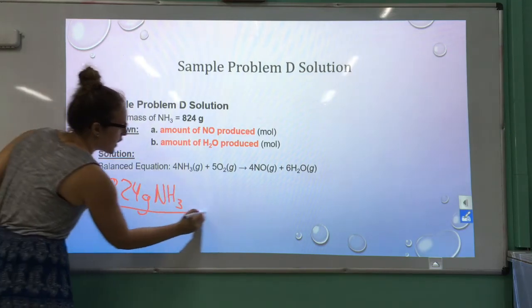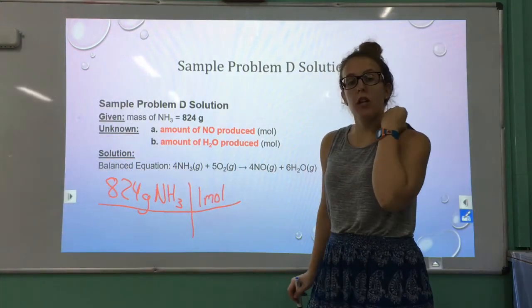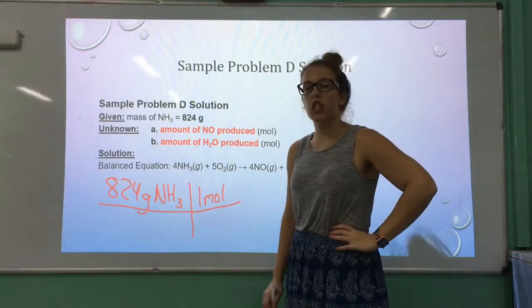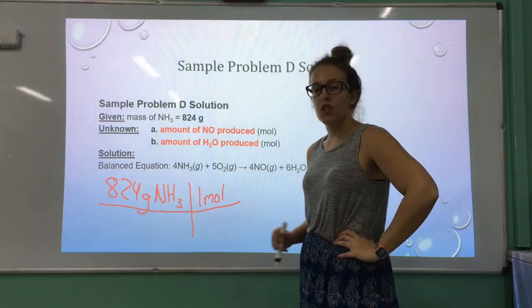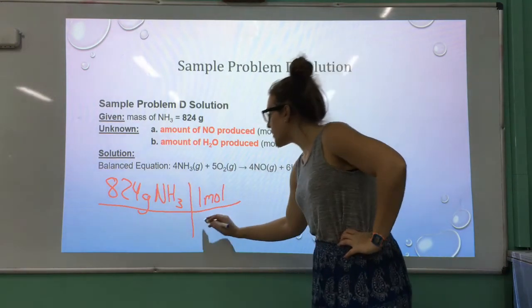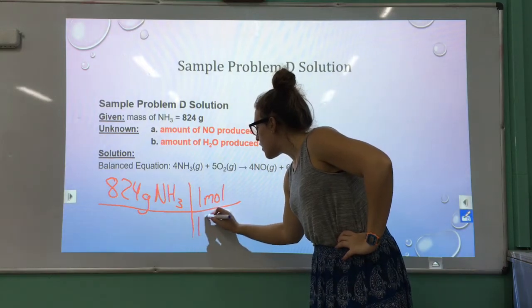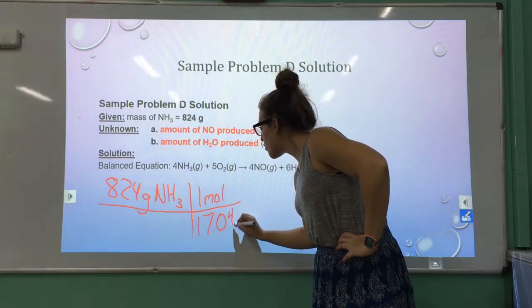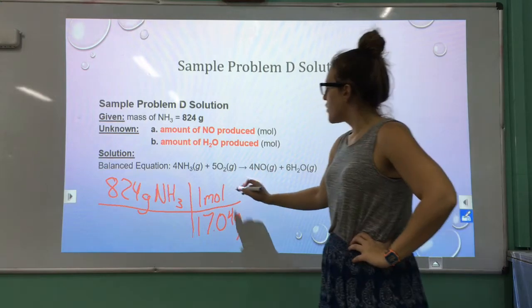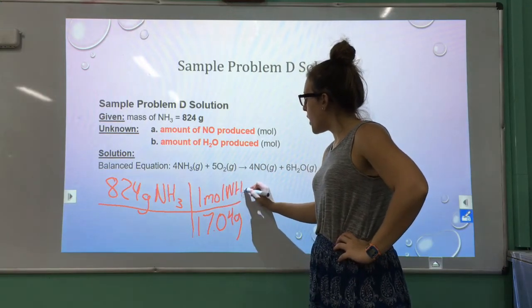What do we need first? We need the molar mass of ammonia. We know that nitrogen is 14 and hydrogen is 1, giving us about 17.04 grams per mole of ammonia.